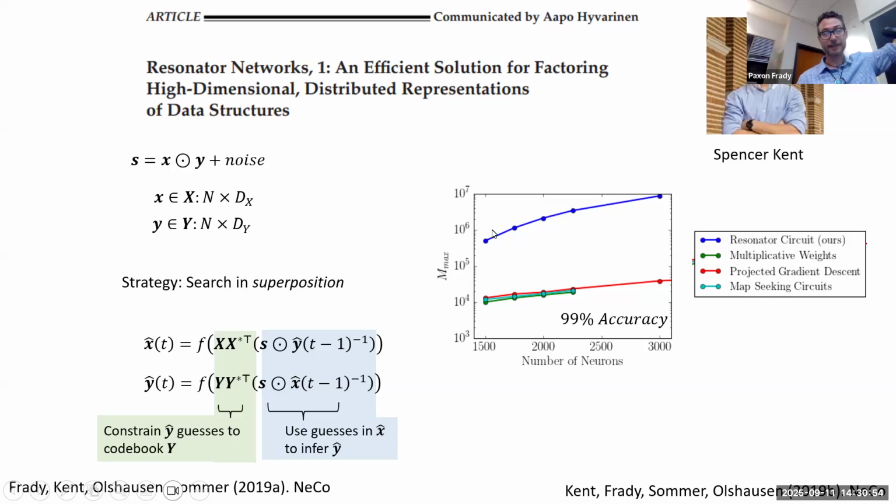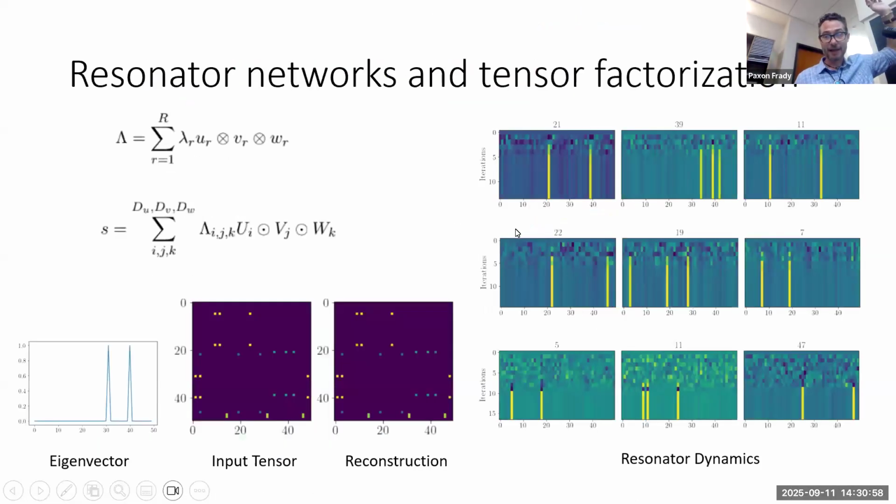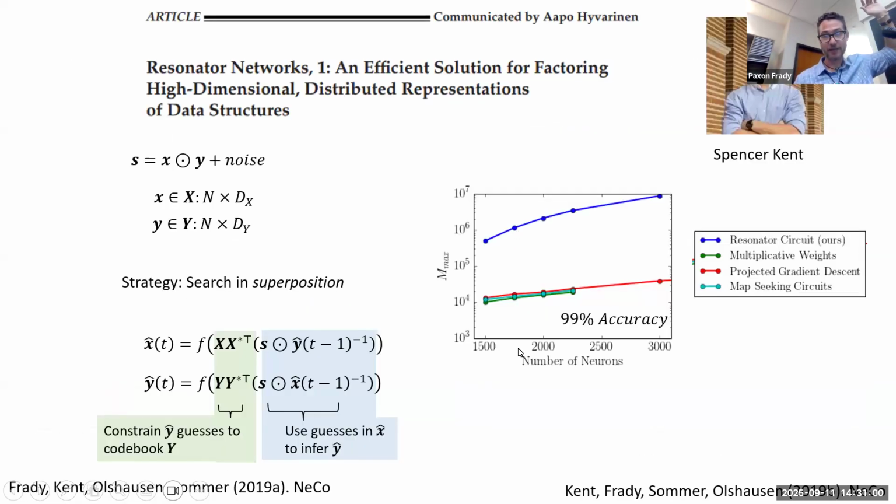Here's 10 to the 6, our 1 million combinations. That means we need almost 2,000 neurons in these vectors to solve this 1 million combination problem. If we make the vectors bigger and bigger, we can solve larger and larger combinatorics problems. But of course, we're doing more computation too.